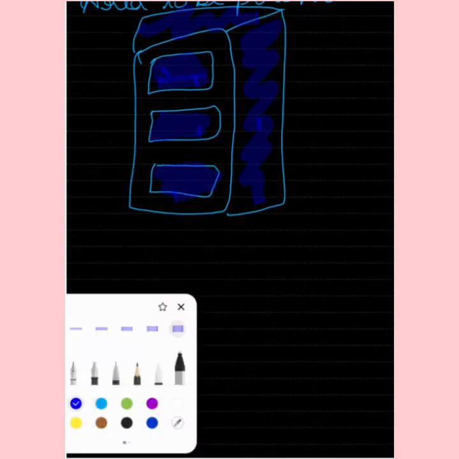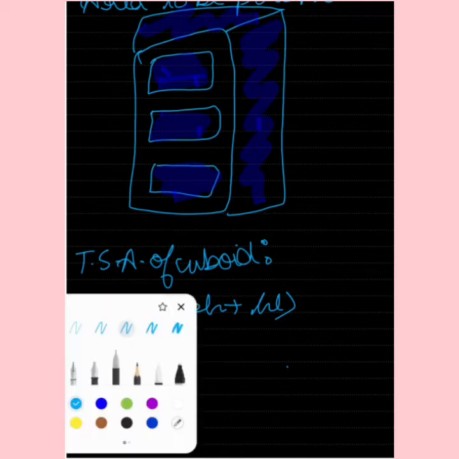Now how to find this? See, for this we need to calculate the TSA of cuboid, that is twice of length breadth plus breadth height plus height into length. So this is the TSA of the figure.